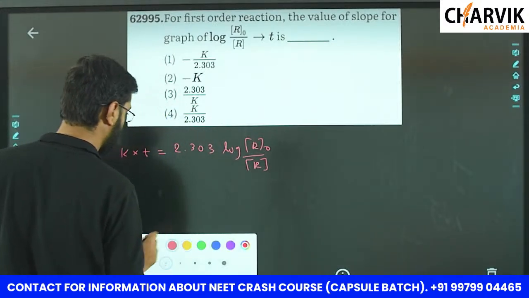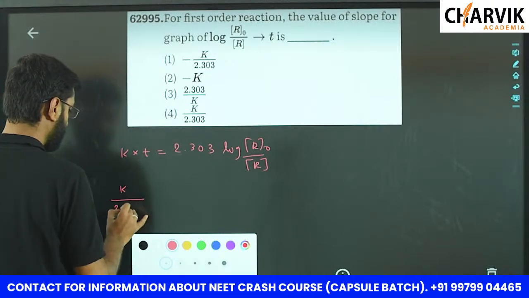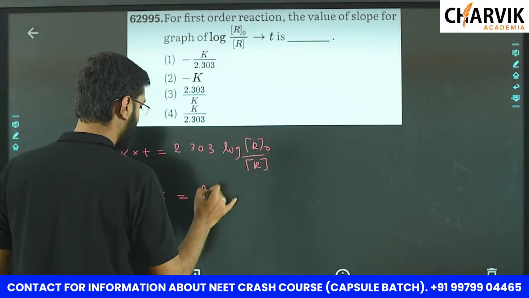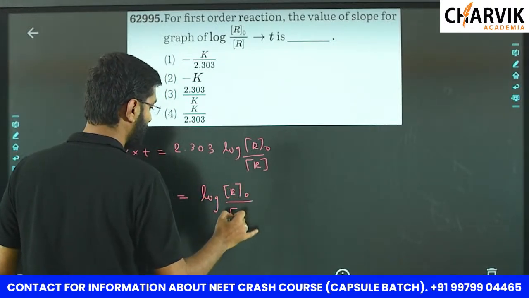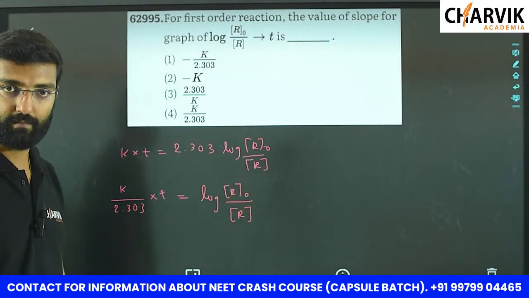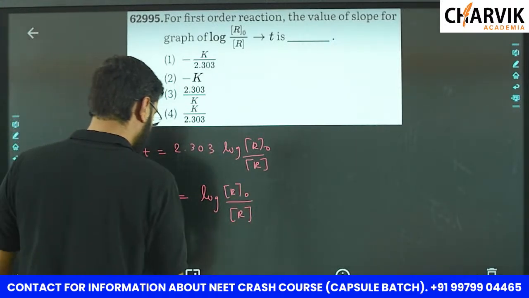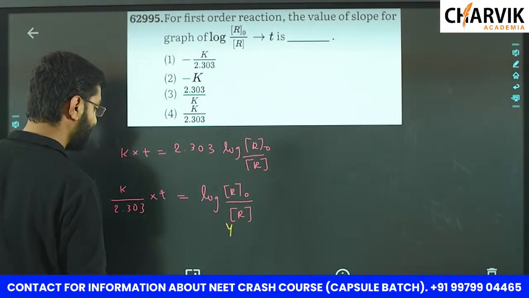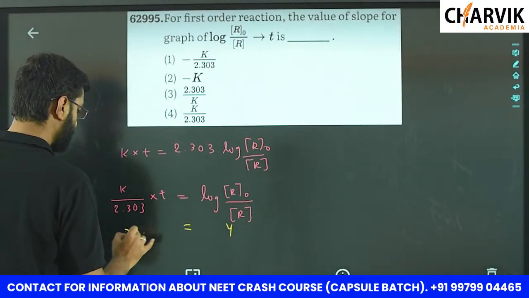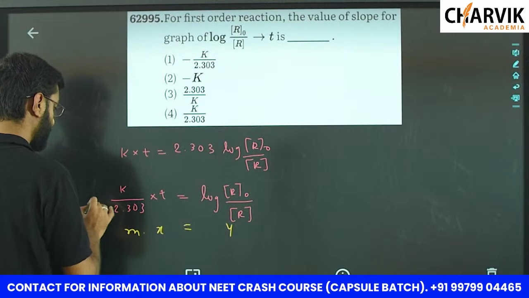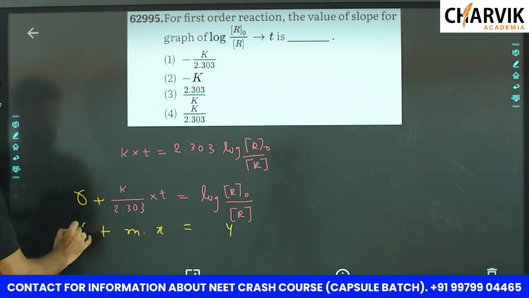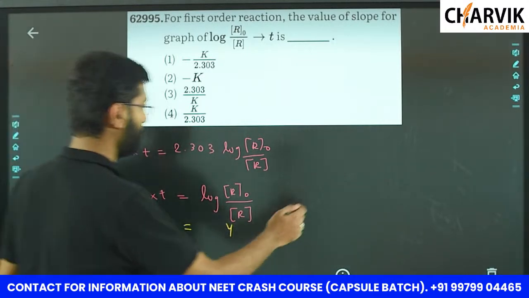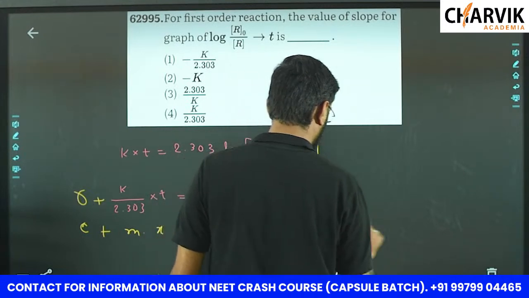We can write K by 2.303 into T is equal to log R naught by R. Can I write this equation? Now compare this equation with y equals mx plus c. This is your y axis, this is your m, this is your x axis, and plus 0. Straight line equation.